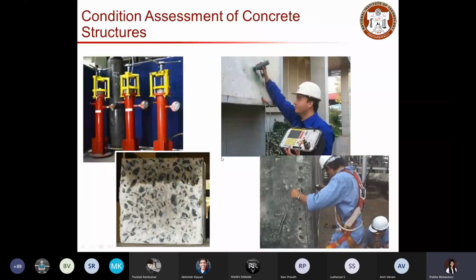And the next module is the condition assessment module. So here basically we assess the condition of the existing structure using non-destructive test methods, and some destructive methods if required. Here you can see non-destructive test methods on the right side, and on the left side you can see certain test equipment with a test sample taken from the existing structure itself.